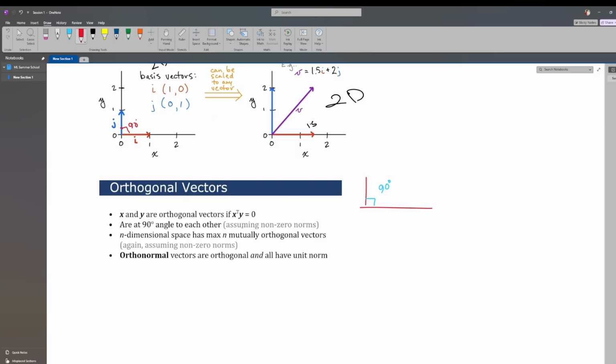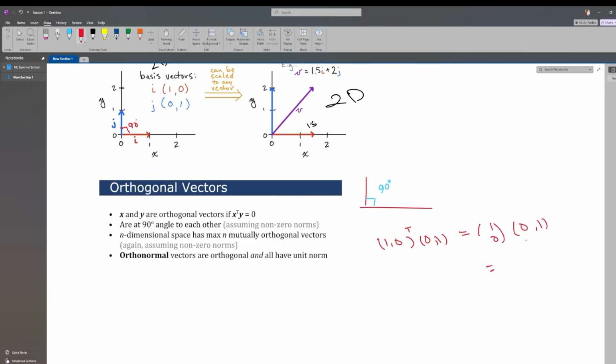That means if you have two vectors like (1, 0) and (0, 1), x is this. If we use the transpose, we have (1, 0), and then (0, 1).